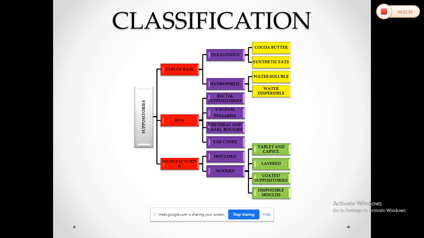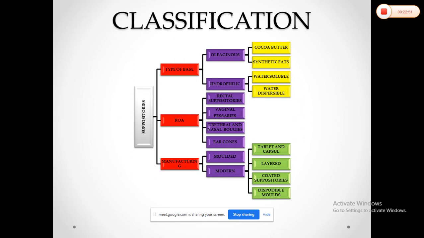So it is tapering at one end, and the diameter decreases as we go to the lower end, and that one tapering end helps to insert the suppository into the rectal cavity.